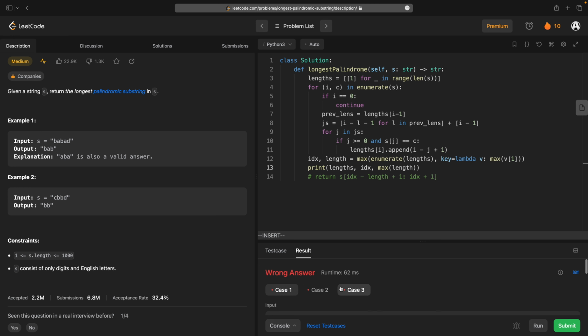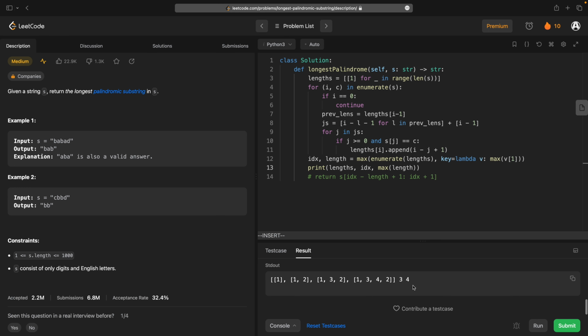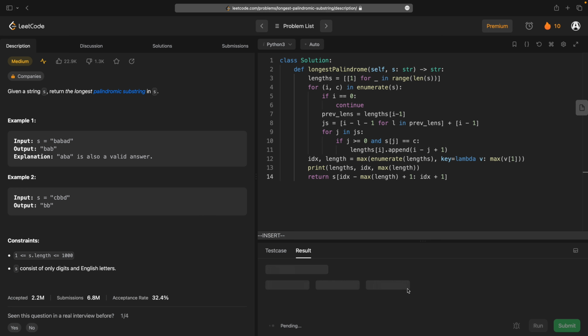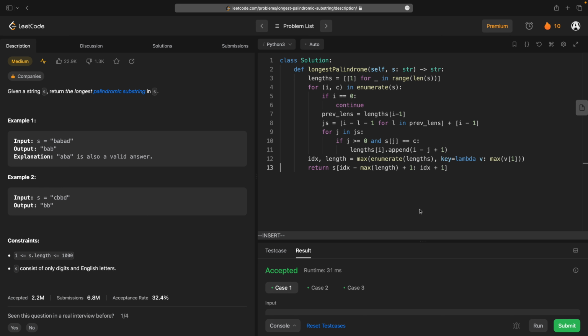Yeah, a length 3, a length 2, and a length 4. So this needs to have a max length on it. Yeah. Nice. That's nasty. Very nasty.